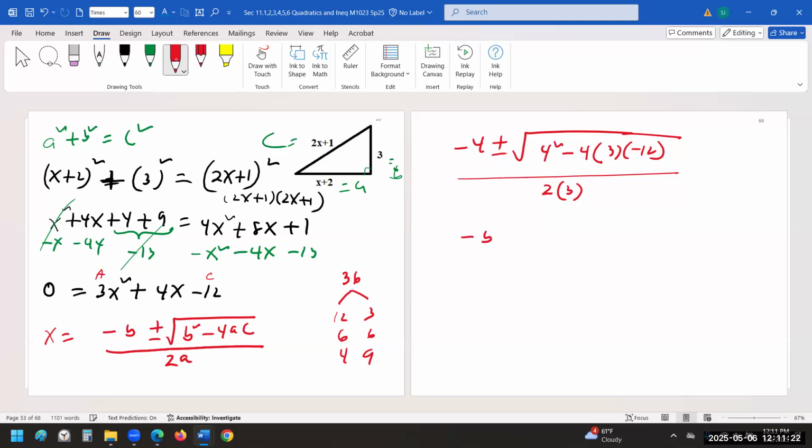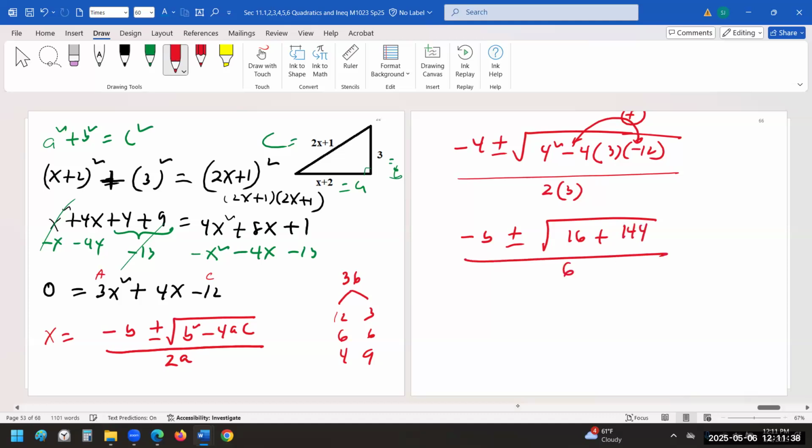So we have negative 4 plus minus the square root of 16, negative and negative turn into positive. 3 times 4 is 12, 12 times 12 is 144, over 6. So 144 plus 16 gives us 160.